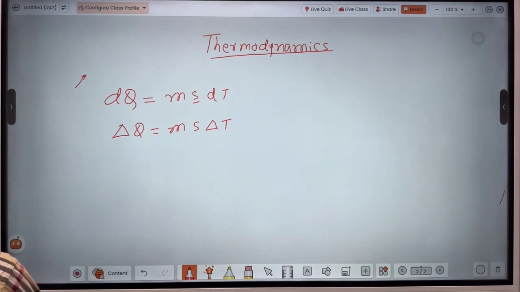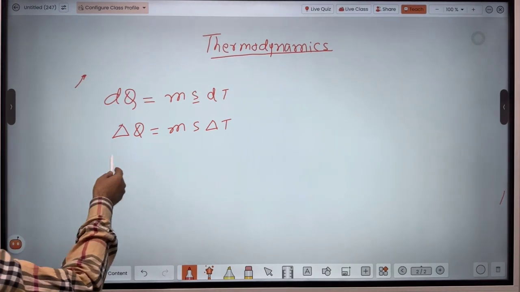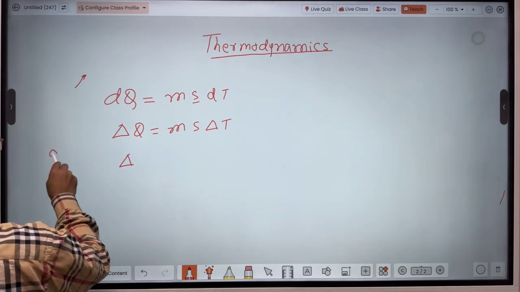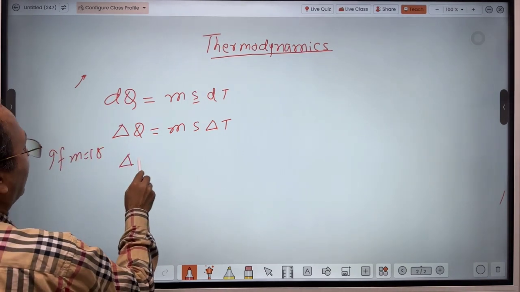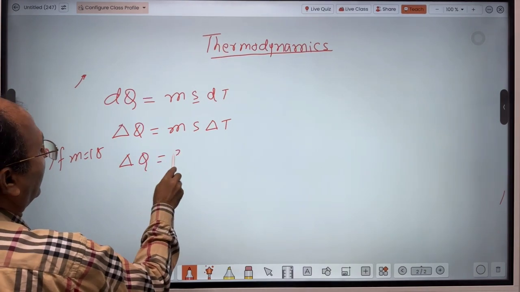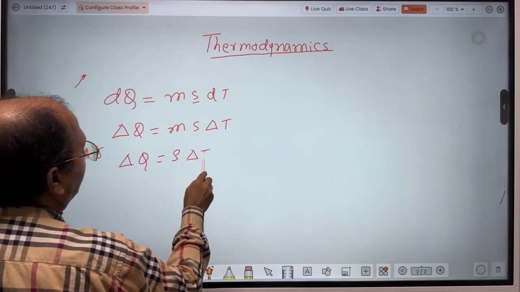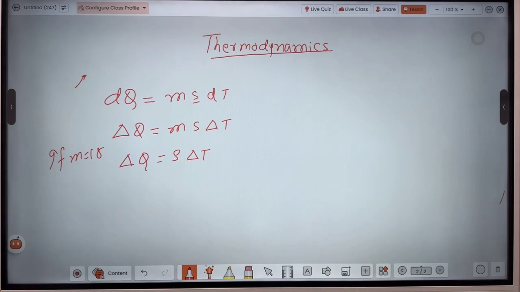Now when m is 1 gram, then this formula will become delta Q equal to S delta T, right? Up to here there is no problem.